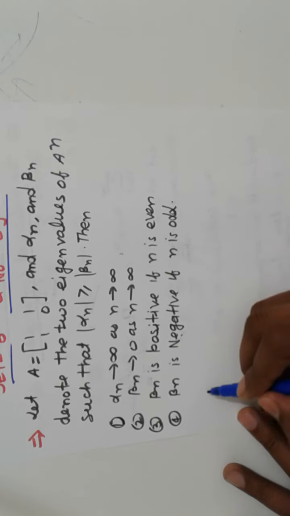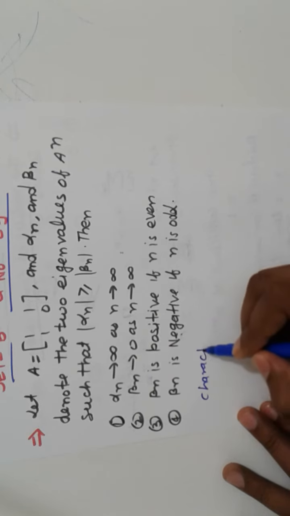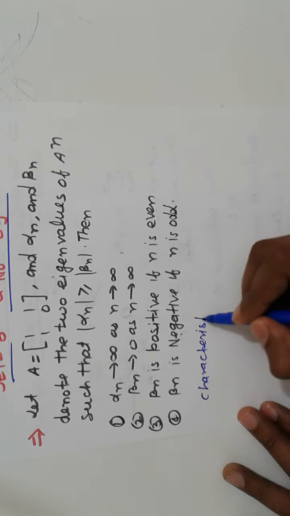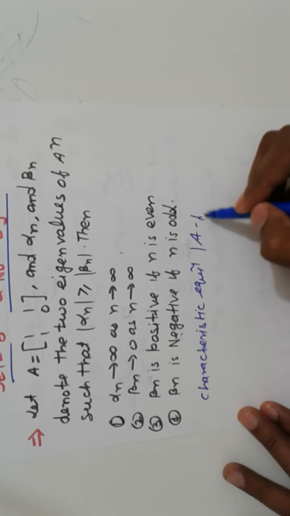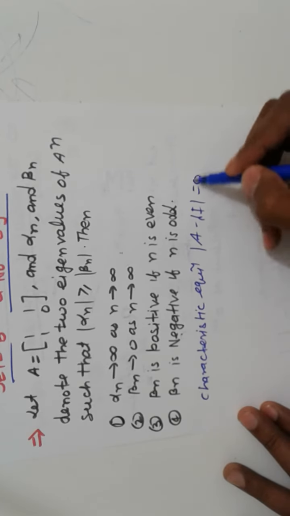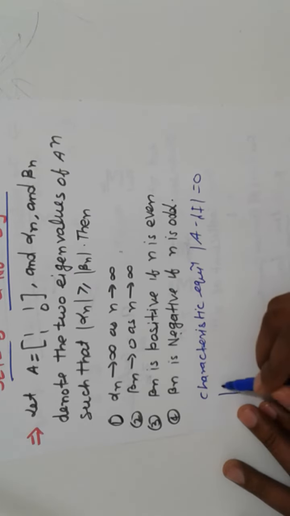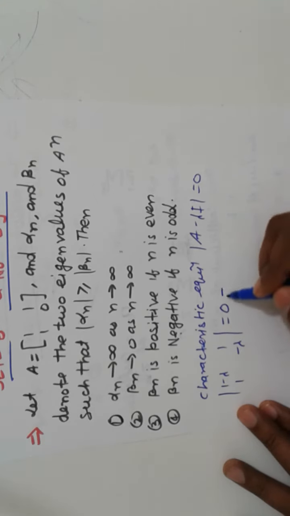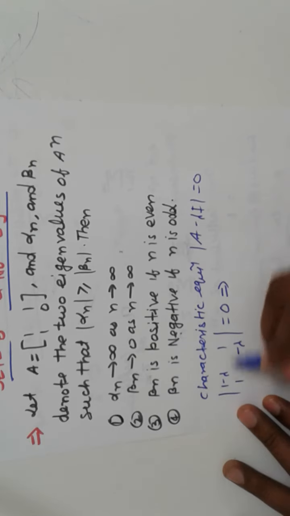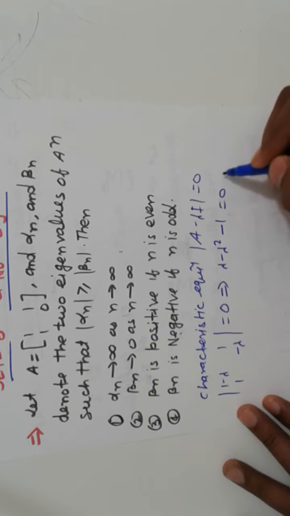So now the characteristic equation, first we write down: determinant of A minus lambda I equal to 0. So 1 minus lambda, 1, and 1 minus lambda, that is 0, which implies lambda square minus 1 equal to 0.